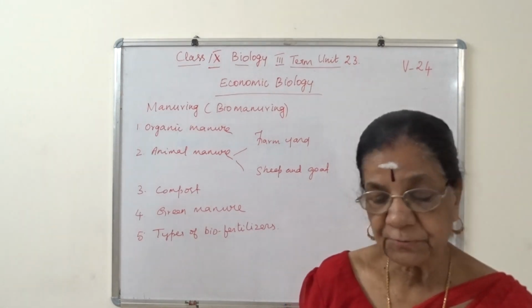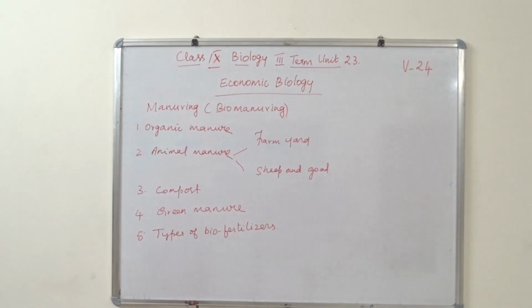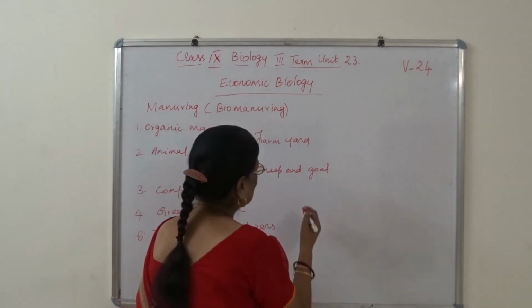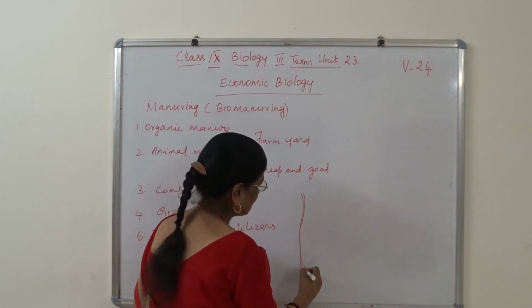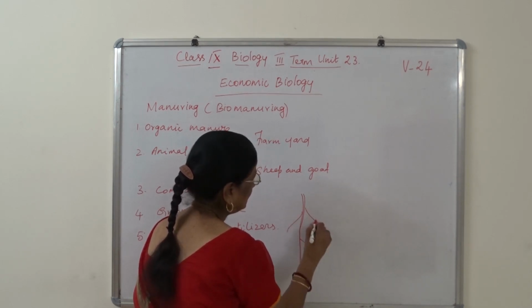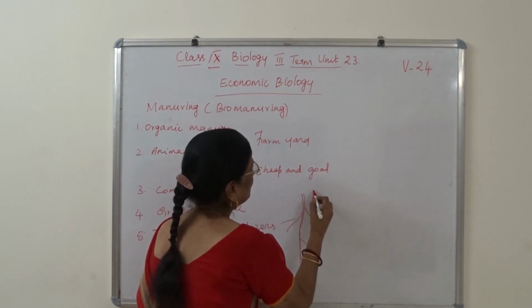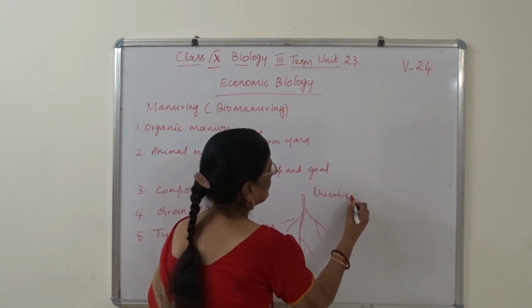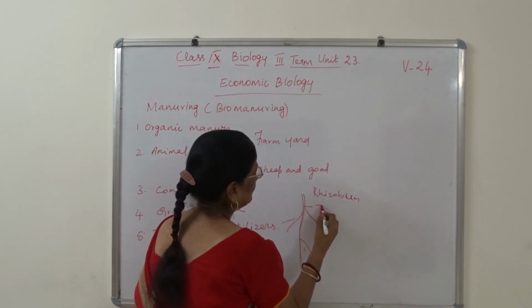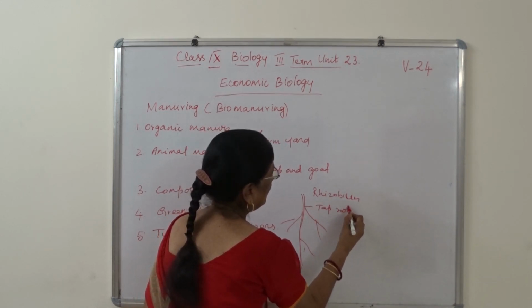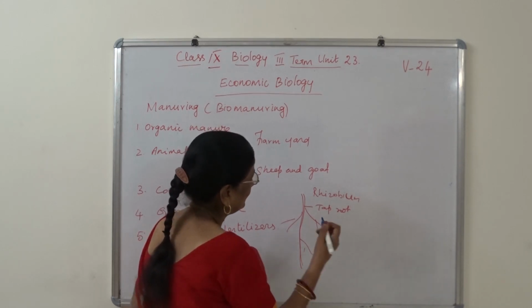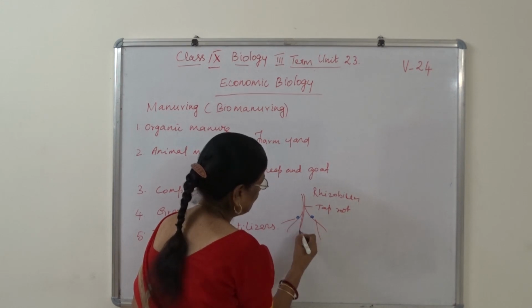And then biofertilizer, for which I need a board, so I am using this. As we have drawn root nodules, this is a taproot system. Recollect the diagram that we have drawn for Rhizobium. This is a taproot where we find root nodules here and there.